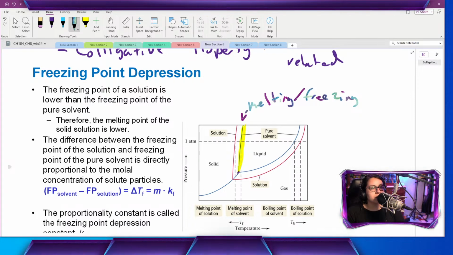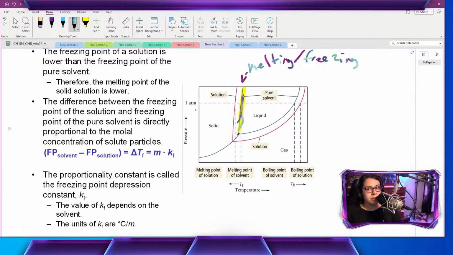So as it crosses over from these pressure conditions, slightly changing or raising the temperature, then we go from a solid to a liquid. And then the key point is, well, then this line is moved lower. So now it has to go to a lower temperature for a solution.